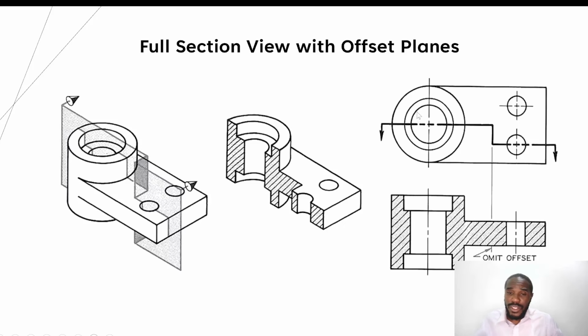For example, if you look at the isometric view of the sectioned object, you see that there is that plane that comes and then turns down a little bit so that it can go through the hole and we can see what the hole looks like. And that's how you show a full section with an offset.